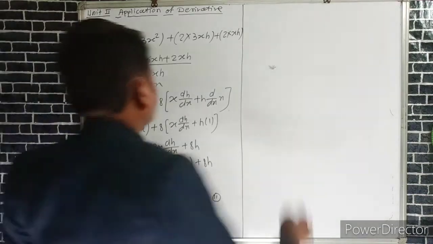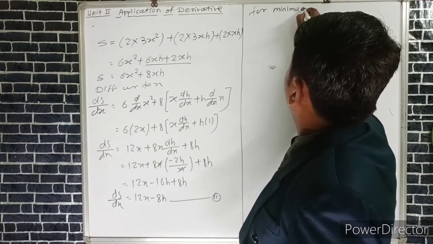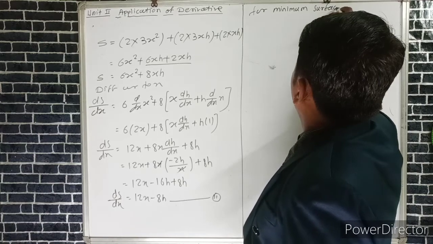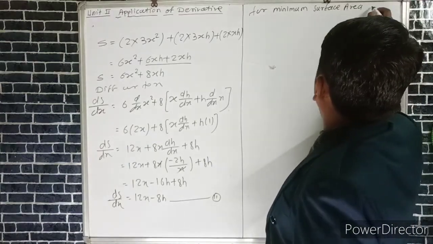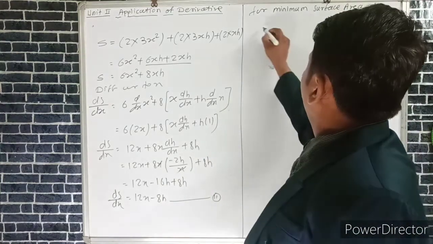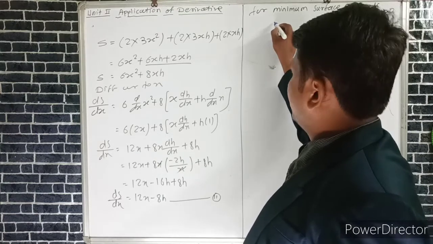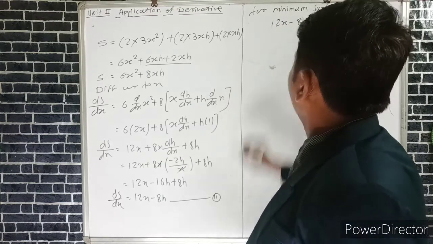For a minimum surface area, dS/dx equals 0, which means 12x minus 8h equals 0.